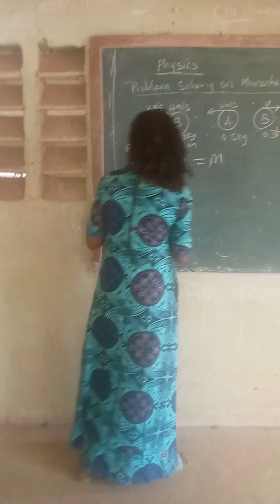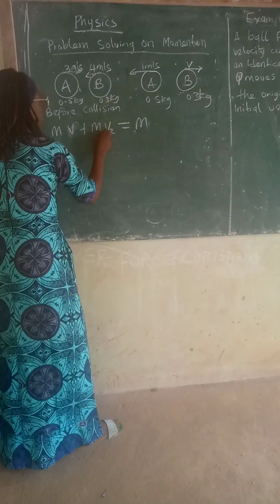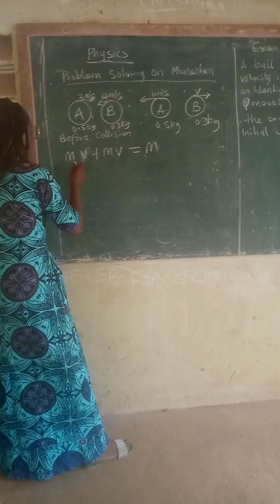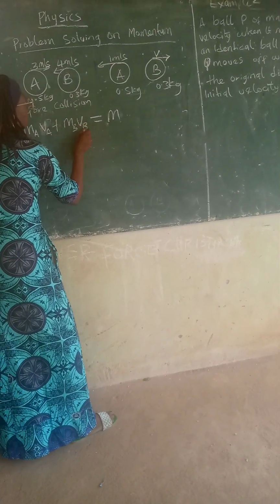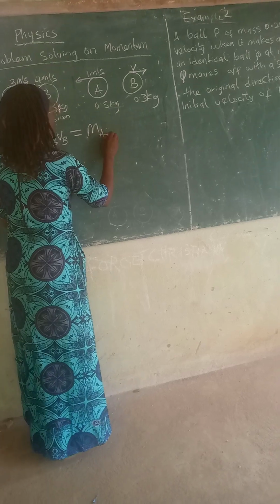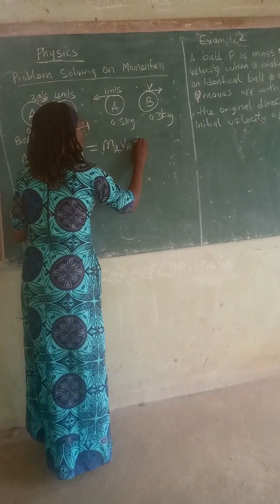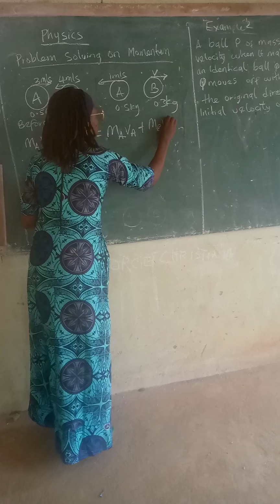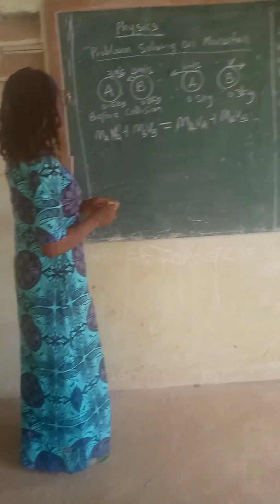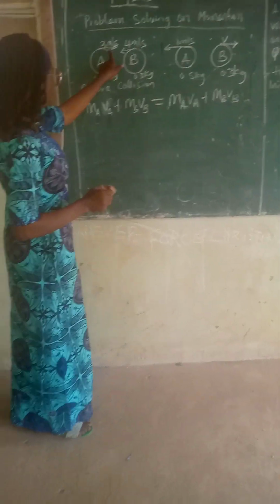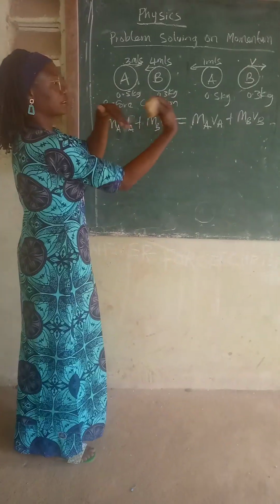If we confuse 1 or 2, I think it's better we use A. MA UA plus MB UB is equal to MA VA plus MB VB. Now remember, even from the arrow you see that they are in opposite directions.